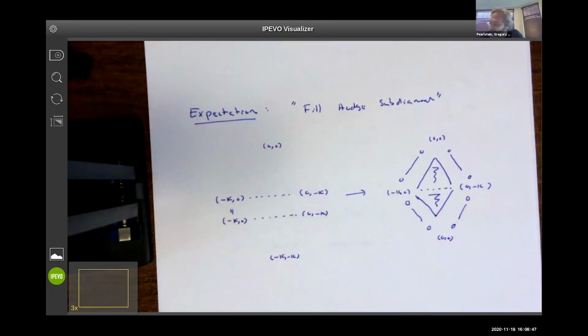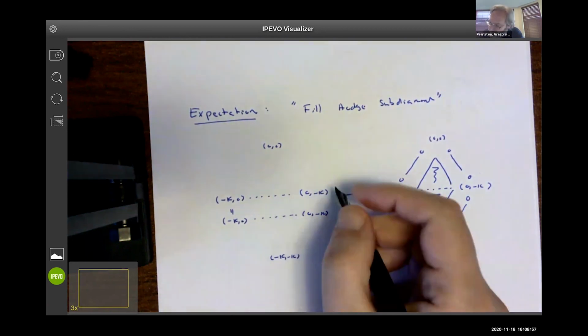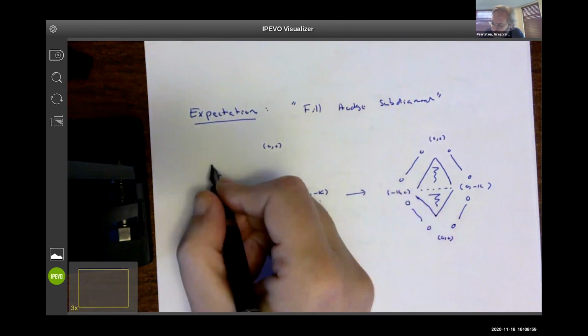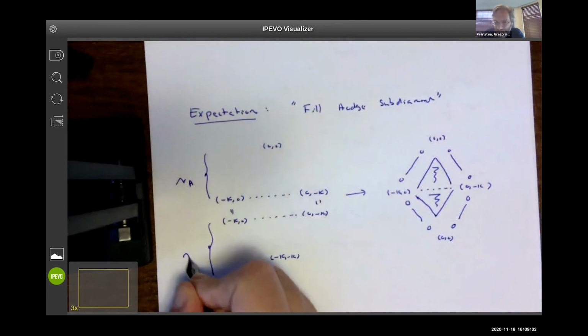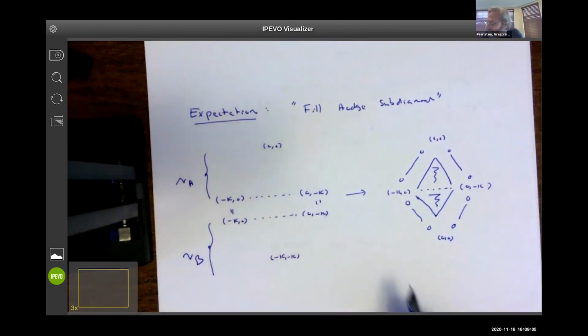And so I should say about that m plus n restriction, in general, what we expect is that we'll be having some nu A here and some nu B here, and we're going to glue them together.